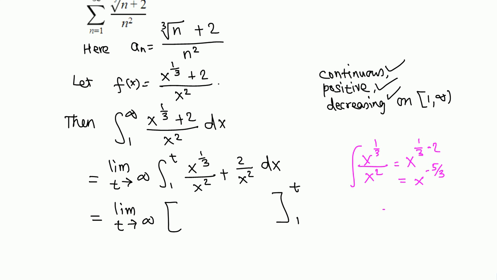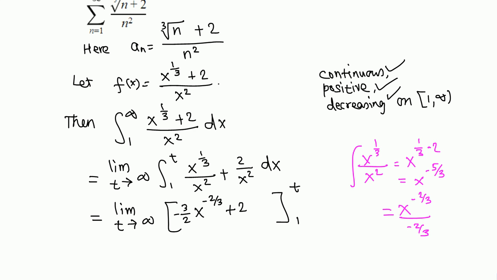It's like x^n, so x^(n+1) over n+1: negative 5/3 plus 1 is negative 2/3, divided by the same thing. So the antiderivative of the first term, when we take negative 2/3 to the front, becomes negative 3/2 x raised to negative 2/3. Plus, let's work on this. 2 is 2, and it's 1 over x squared.